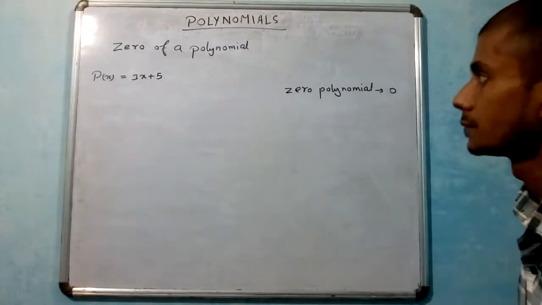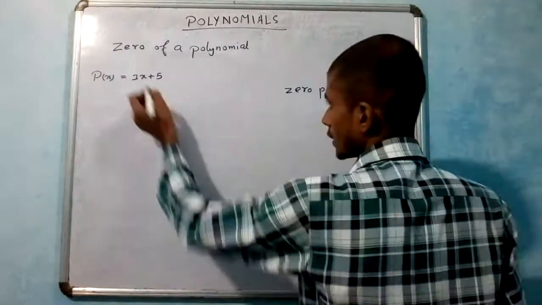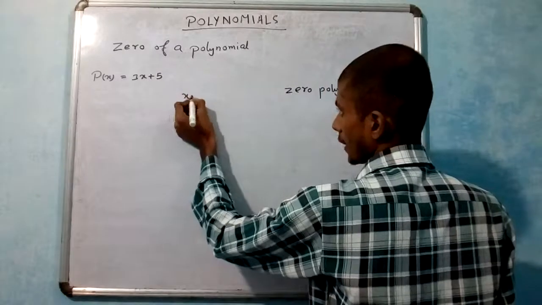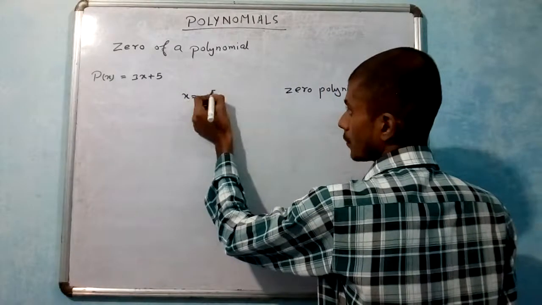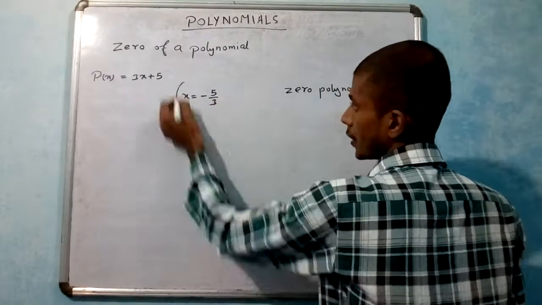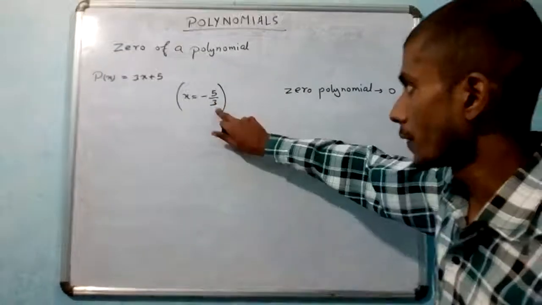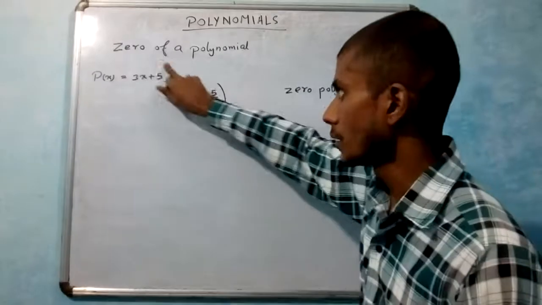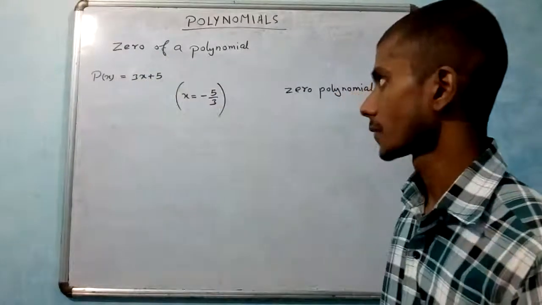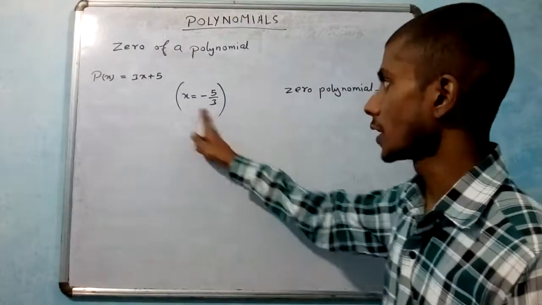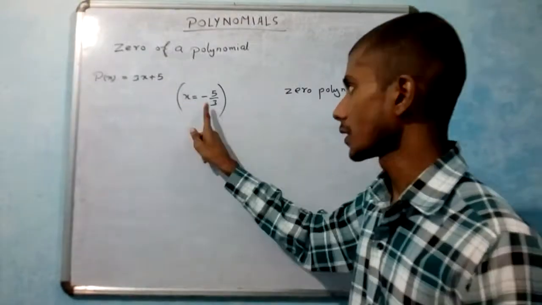So here x is minus 5 by 3. This is the value of x which when substituted here will make this complete expression 0. Fine? Let us substitute and check.